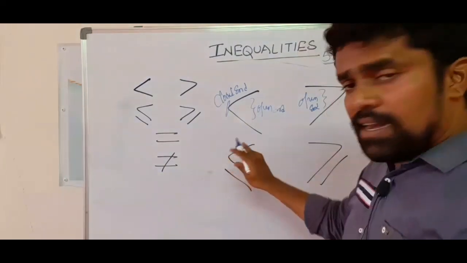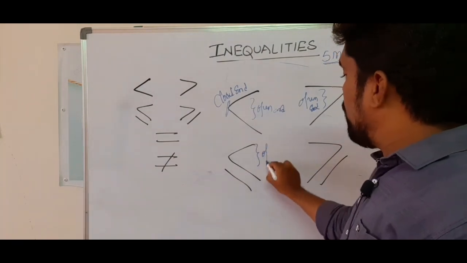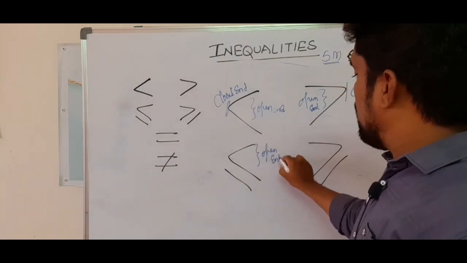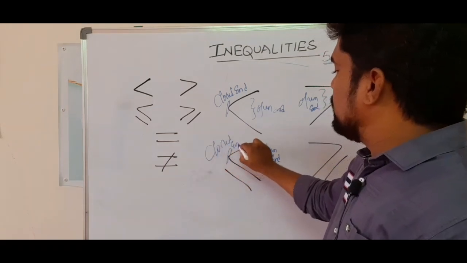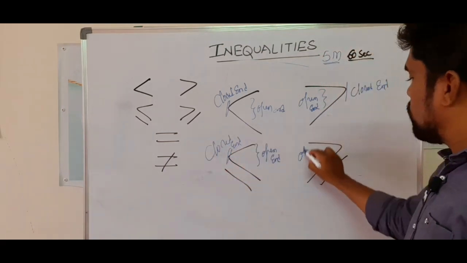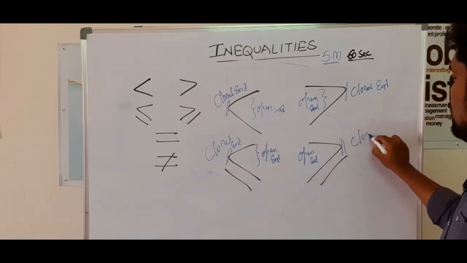Similarly, in less than or equal to and greater than or equal to also, this is called the open end and this is called the closed end.